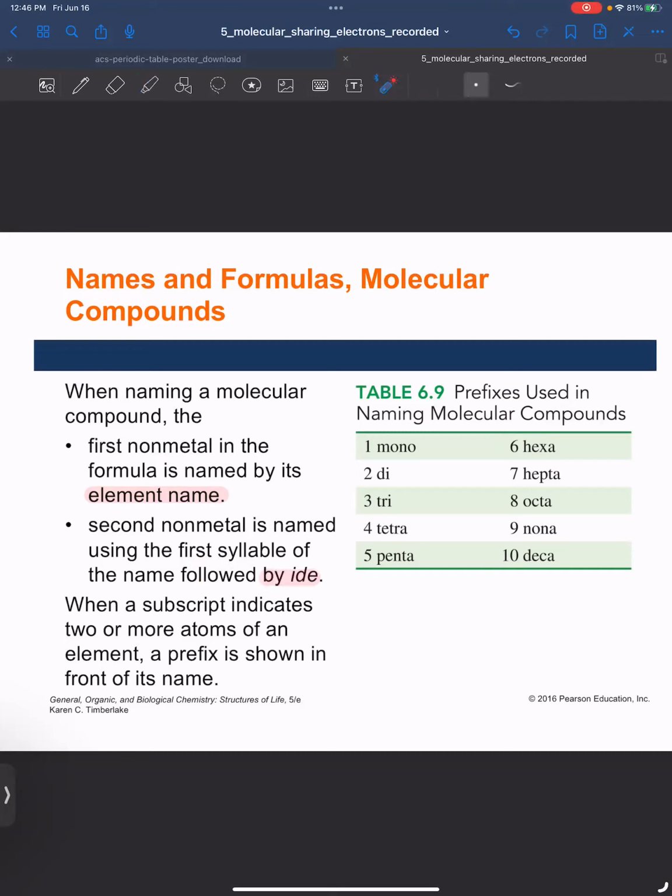Now, if you have a subscript indicating two or more atoms of an element, a prefix is shown in front of its name. And the prefixes used in naming molecular compounds are mono, di, tri, tetra, penta, hexa, hepta, octa, nona, and deca.